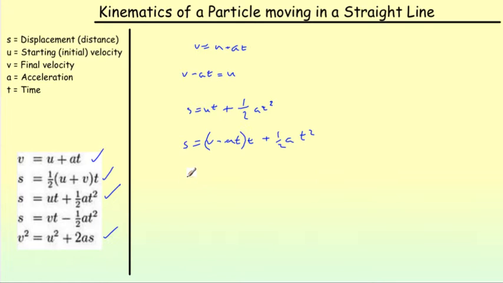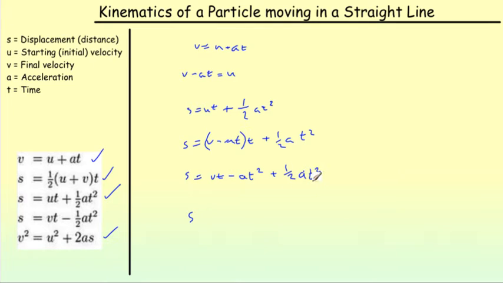So if we expand the bracket there, we get S is equal to vt minus at squared. We still have plus half at squared at the end. So finally, we've got vt, then we have minus at squared plus a half at squared.